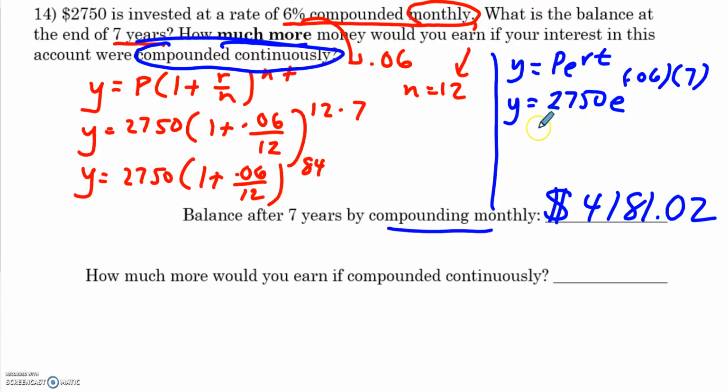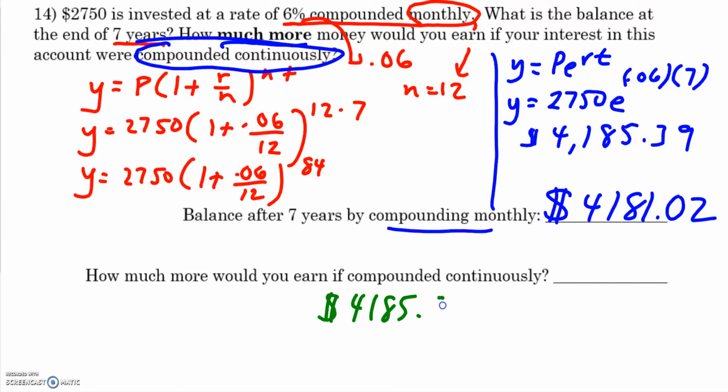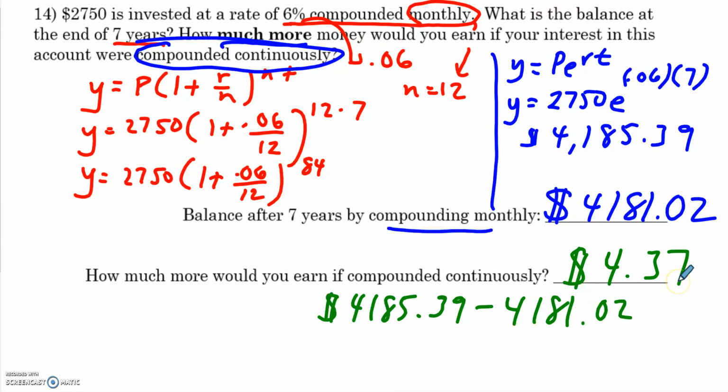When you do so, I got this value to be $4,185.39. So if it's asking how much more, you're going to take the $4,185.39 and subtract $4,181.02, getting you a grand difference of $4.37.